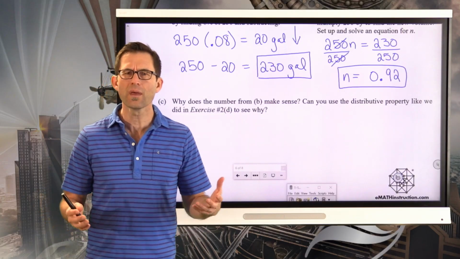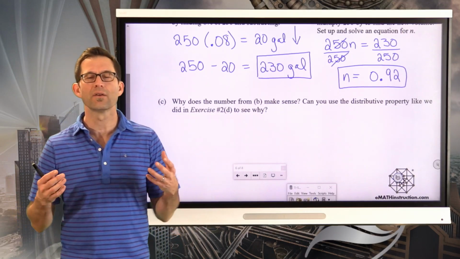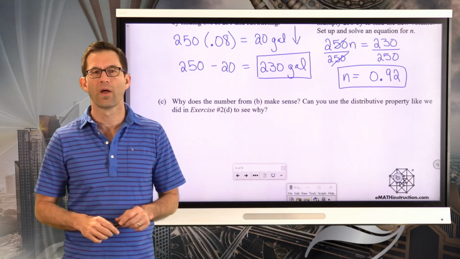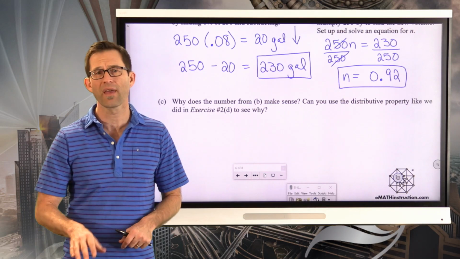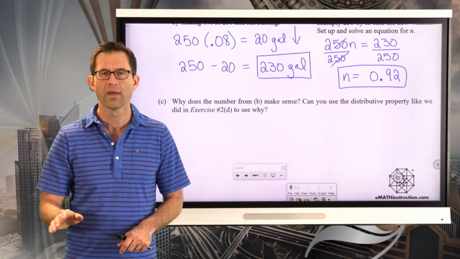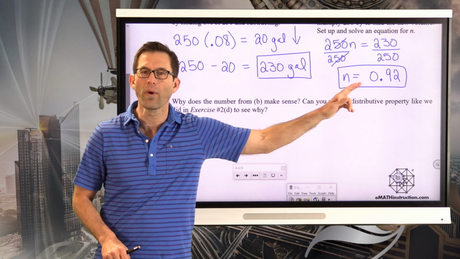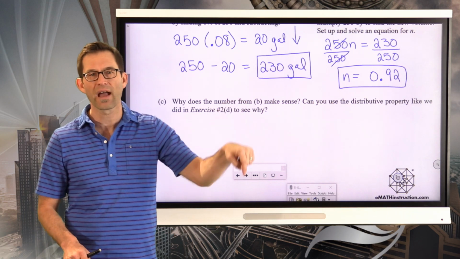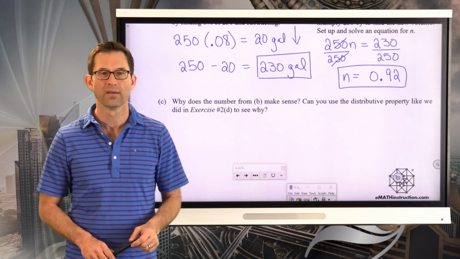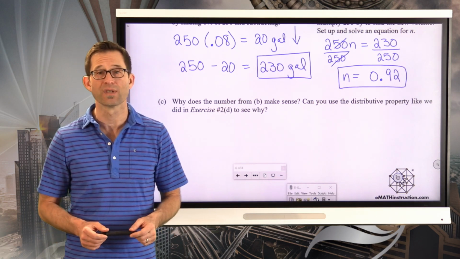Think about this. Why was the number that we multiplied by 0.92? Forget about the algebra and factoring and all of that. Pause the video now and see if you can find some kind of connection between 0.92 and the fact that it went down by 8%.